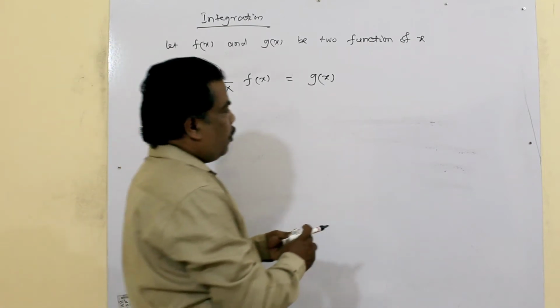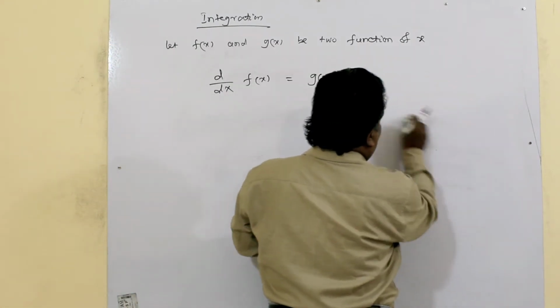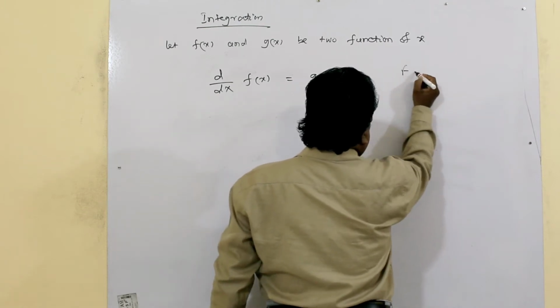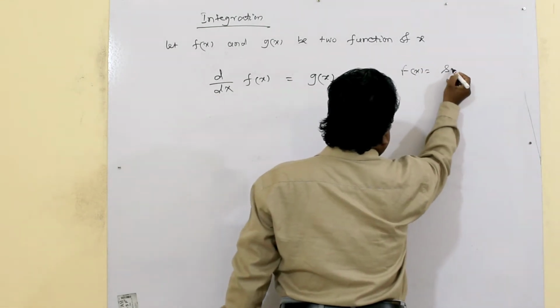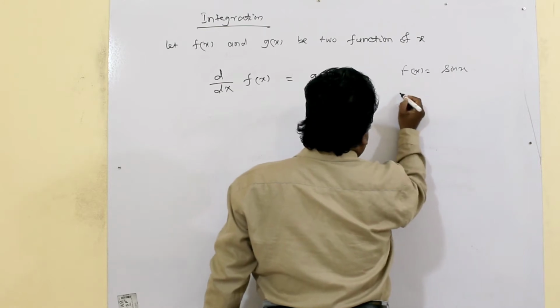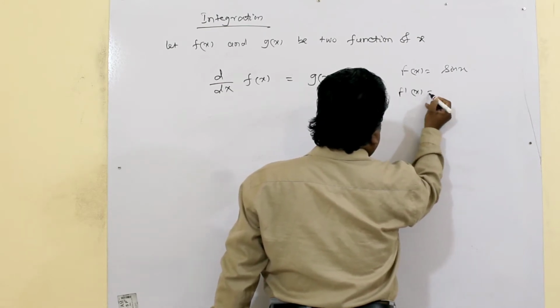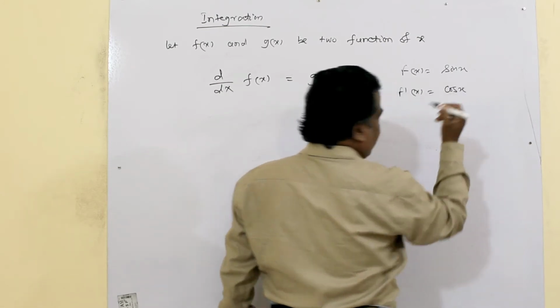As for example, suppose we take f(x) is equal to sin x, then f dash x is equal to cos x.